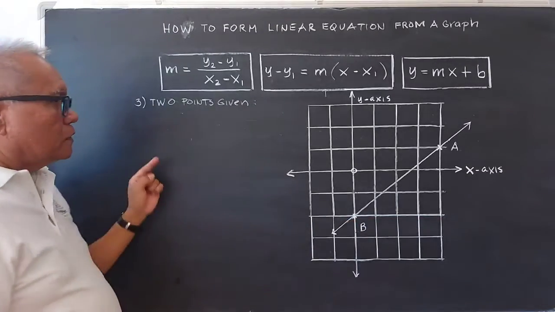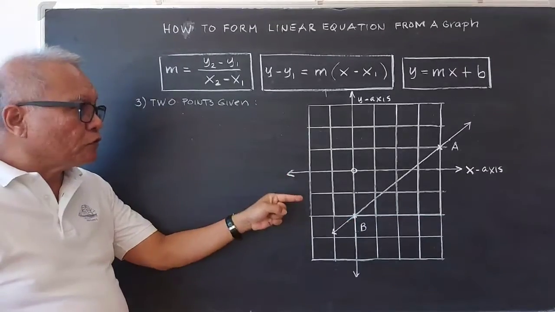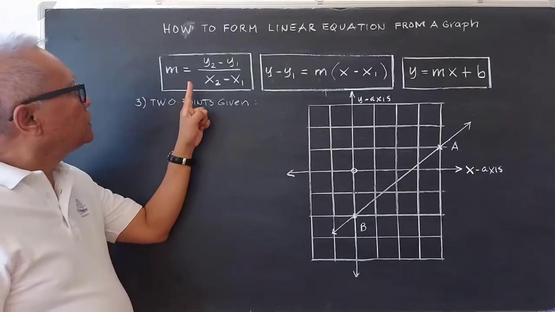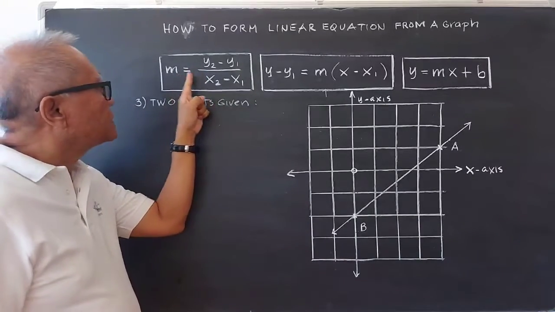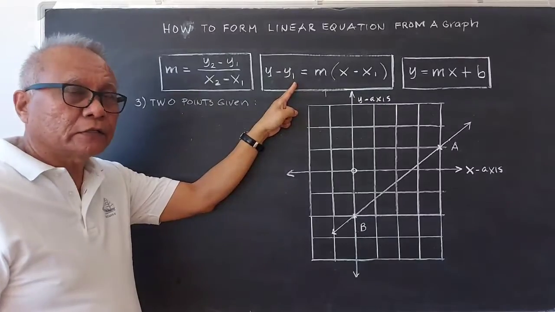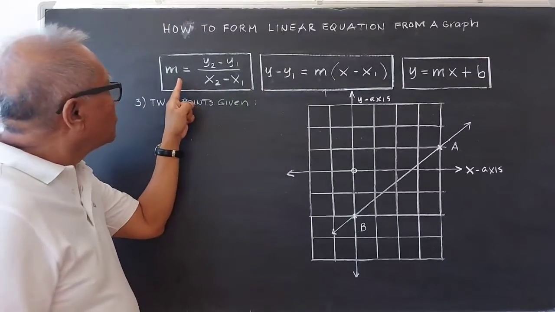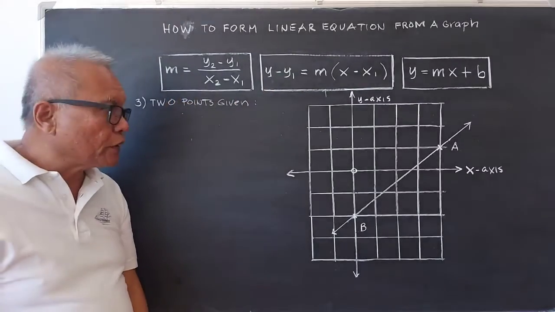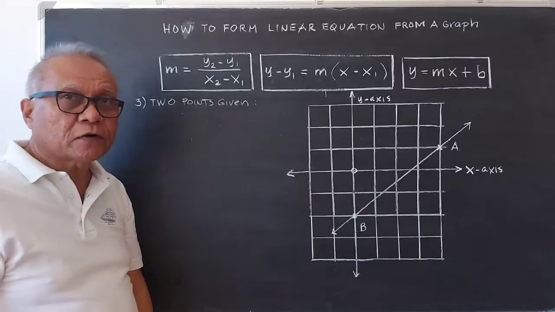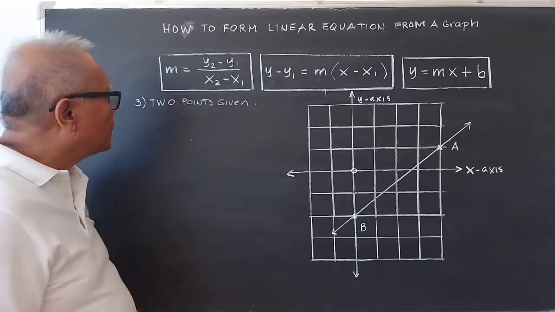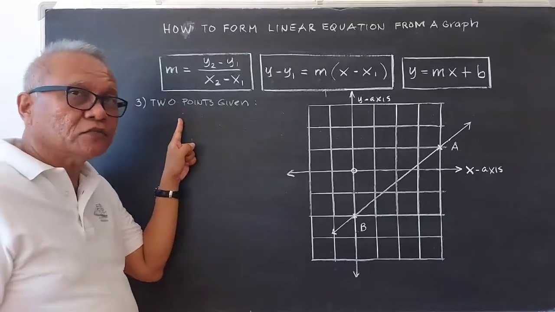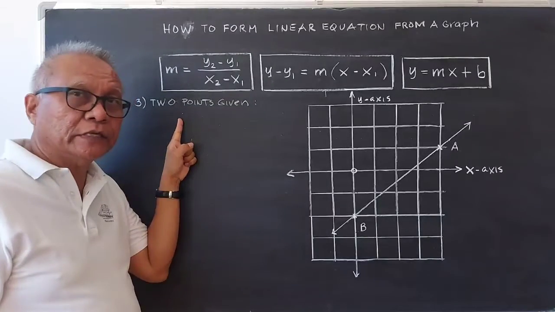Now, to form the equation of that line, we need this formula. To use this formula, we need the coordinates of the 2 points, but we don't have yet the coordinates of point A and point B.